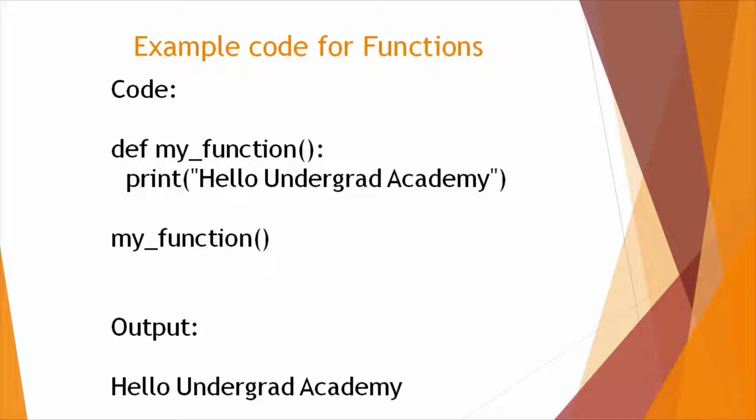If you want to run multiple statements or a single statement in a function, you have to indent it, and the normal indentation is 4 spaces or 1 tab. If you indent that statement, it means that statement will run inside that function. Obviously when calling the function I will not indent it, else it will be treated as part of the function definition.